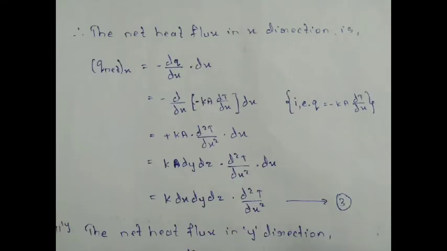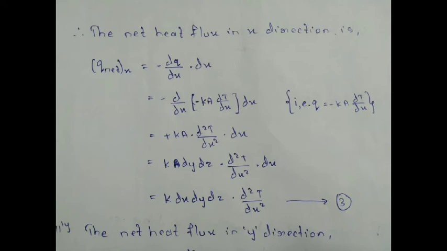Therefore the net heat flux in the x direction is Q net equal to minus dQ by dx into dx. As we discussed earlier, Q is equal to minus K into A dT by dx, so we place that in this equation. Therefore minus d by dx of minus KA dT by dx, into dx. Here minus minus gets cancelled, and the remaining one is K into A d square T divided by dx square into dx.